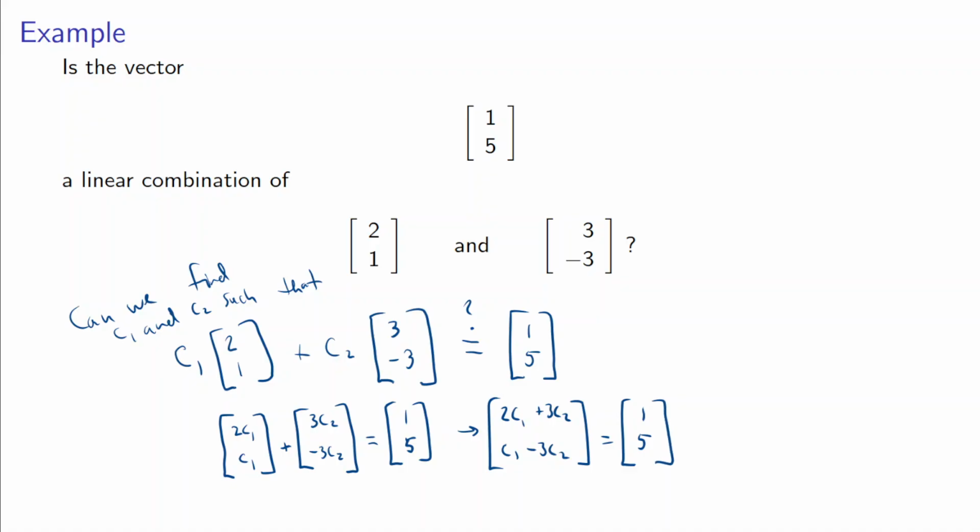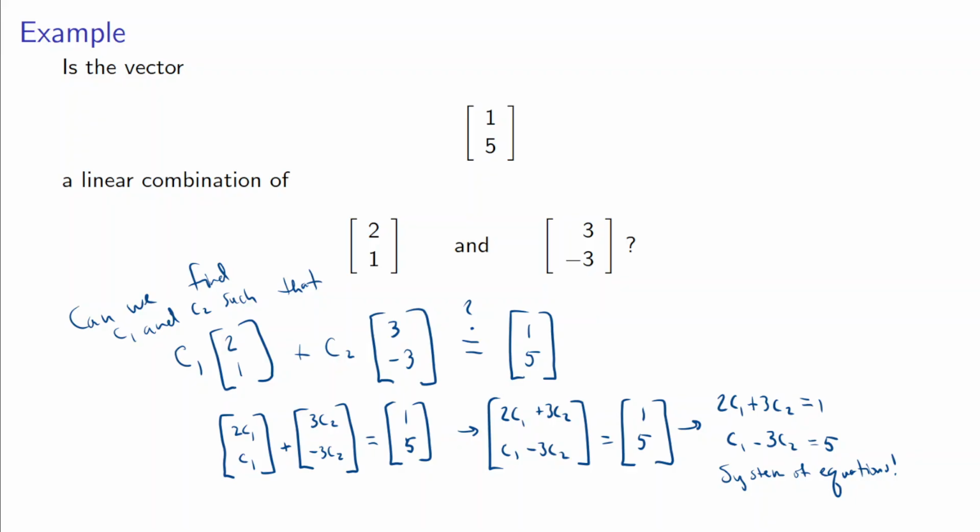But how can two vectors be equal? Well, two vectors are only going to be equal if their components are equal. So this basically implies that 2c1 + 3c2 = 1, and c1 - 3c2 = 5. What we actually end up getting here is a system of equations that we would like to solve for the variables c1 and c2.